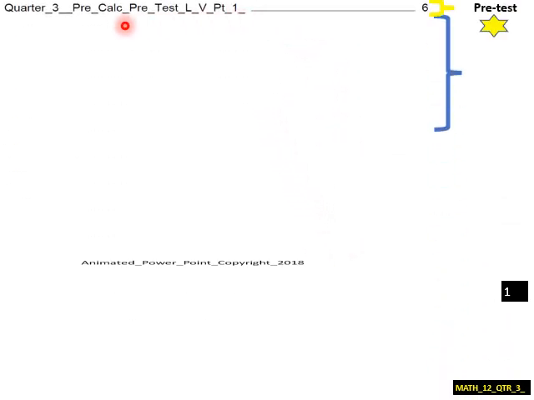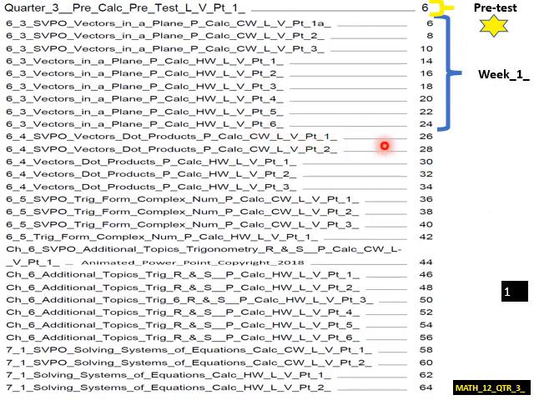We start here with a pre-test for quarter 3, and then week 1 we start in with vectors and we finish up with vectors. So whole week 1 is vectors, and then week 2 is dot products, and we finish up with the trig form of complex numbers for week 2.